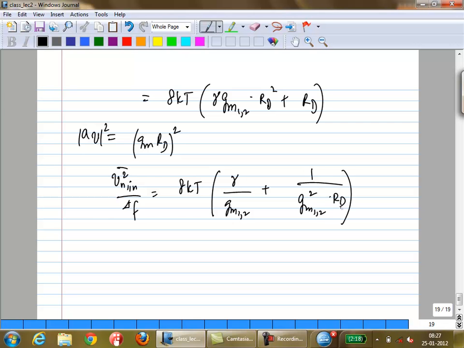Okay. So it's just 8 kT gamma over GM1 plus 1 over GM1 squared RD. Does this look familiar? It's basically twice the noise of a common source, right? Okay? Yes.